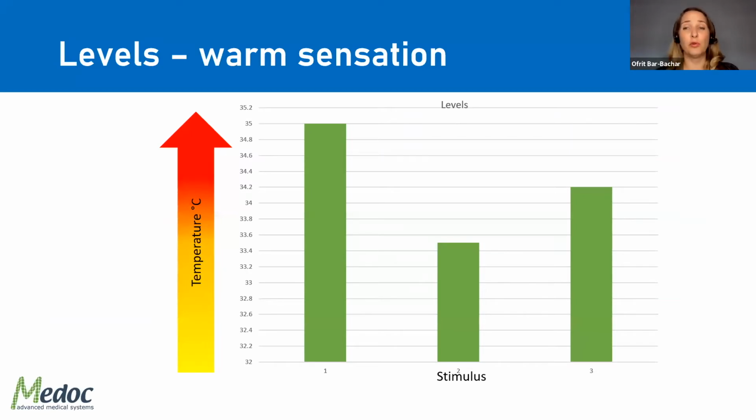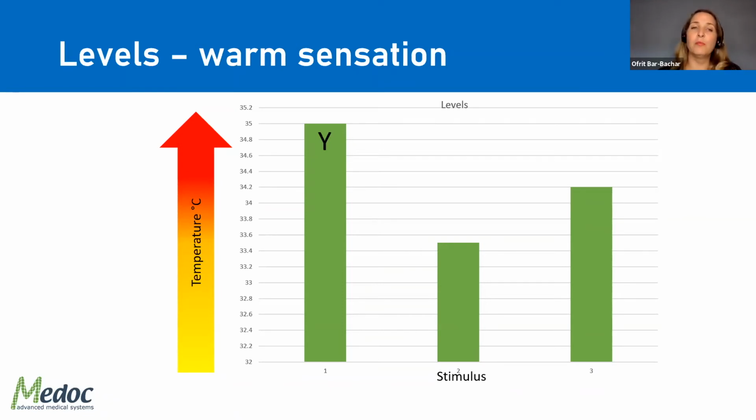The method of levels will look something like this. Of course, we start from a baseline temperature of 32 degrees, and then the temperature will climb and stay for a few seconds at a certain level. And then we ask the subject, did you feel a stimulus, yes or no? And let's say the subject felt a stimulus and they answer yes. Well, that's wonderful.